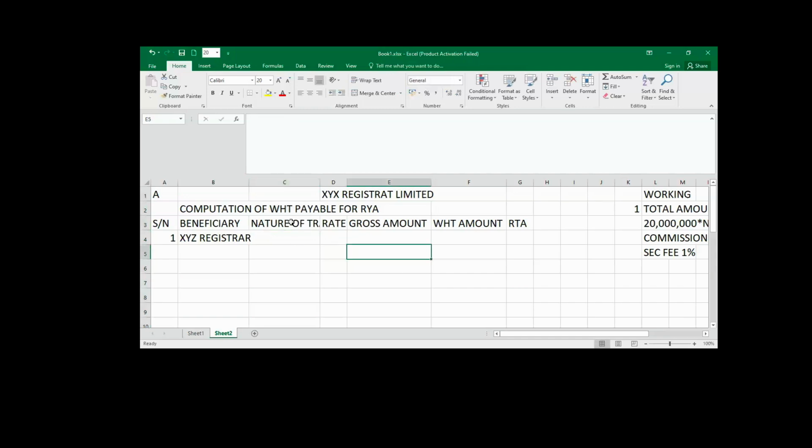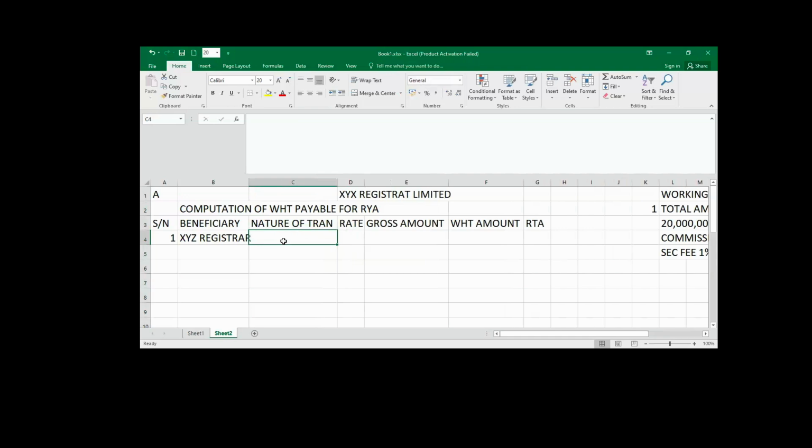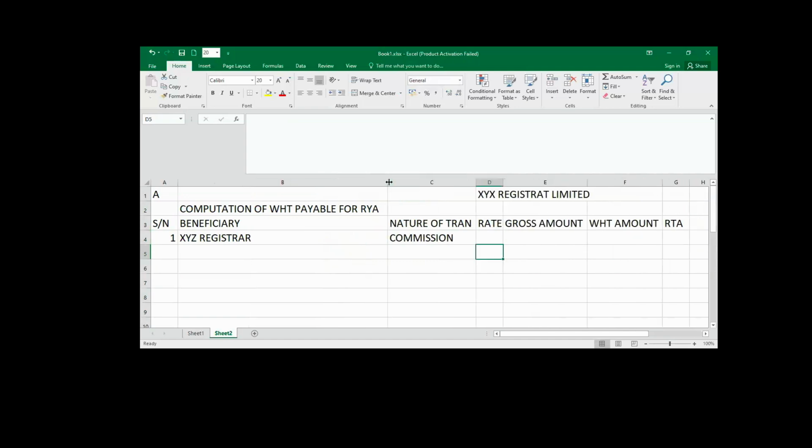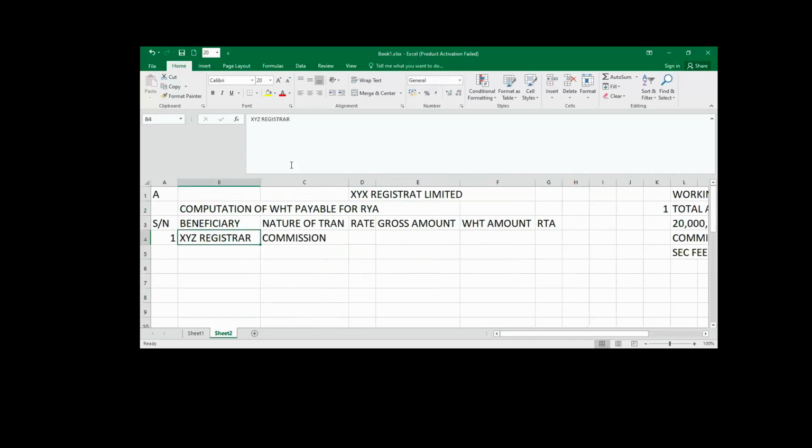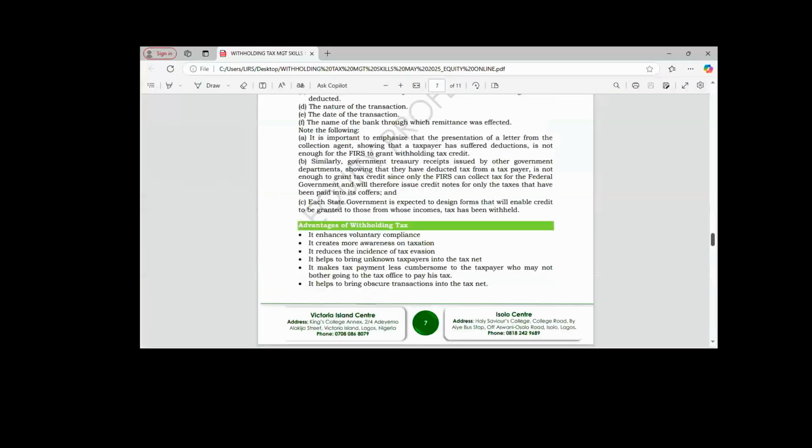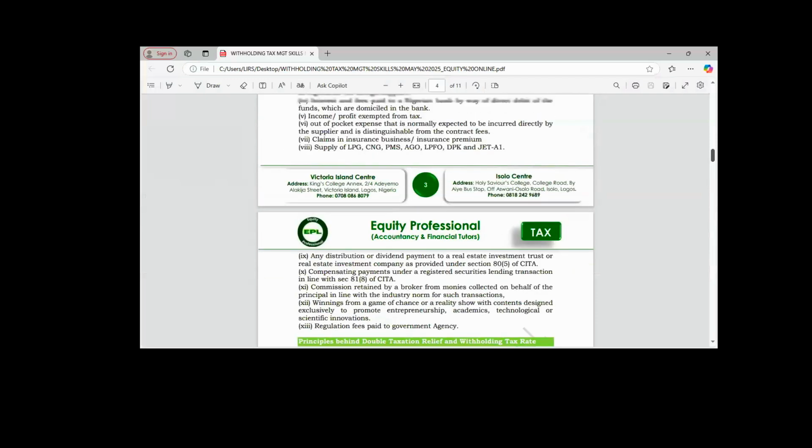So what is the nature of the transaction that we enter into with SYZ? SYZ is going to receive commission. So what is the withholding tax rate for commission? Let us go to our withholding tax rate table.